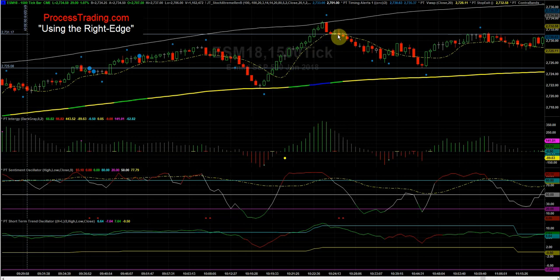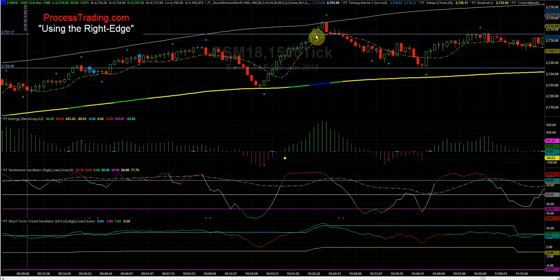So you could have got out in the same area just by reading the discretionary indicators. But in the trend trading process, you don't have to do that. It's all laid out for you in the upper half of the screen. So that is how we took out the majority of that trend in a safe fashion.